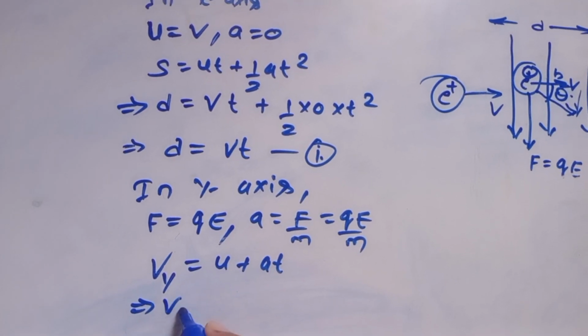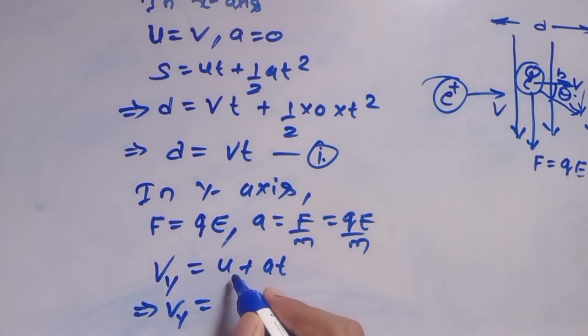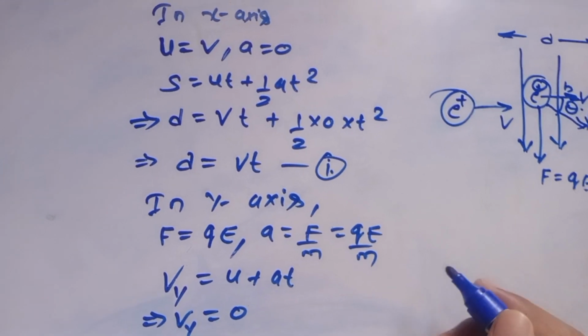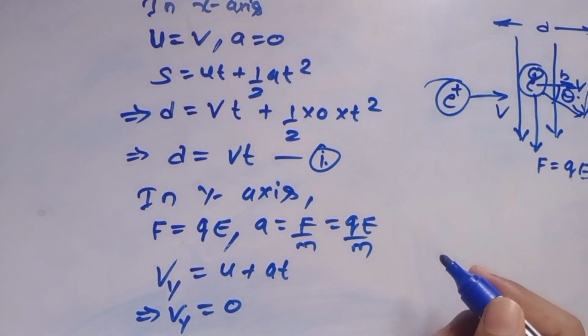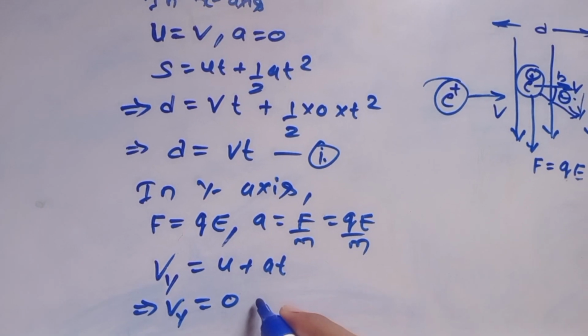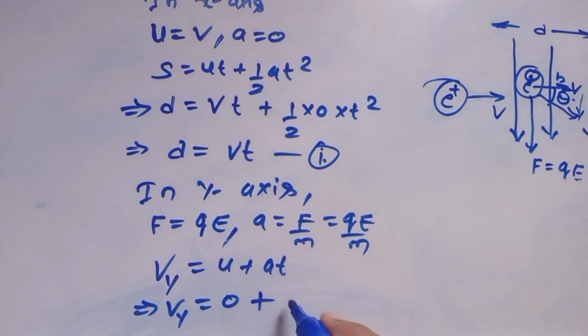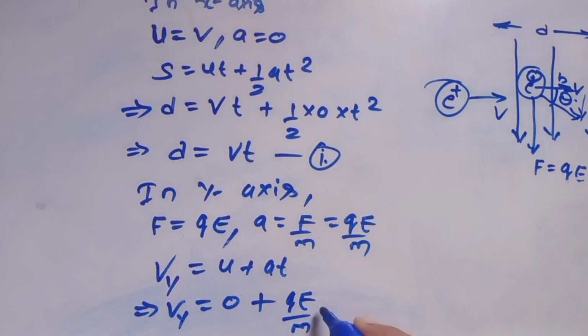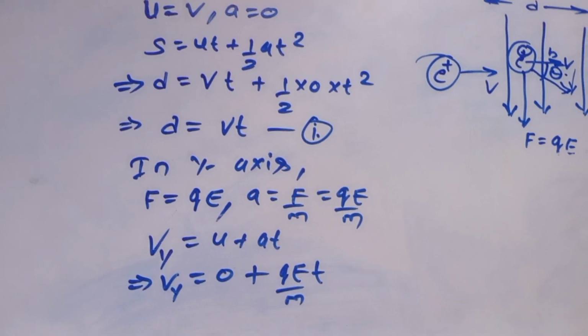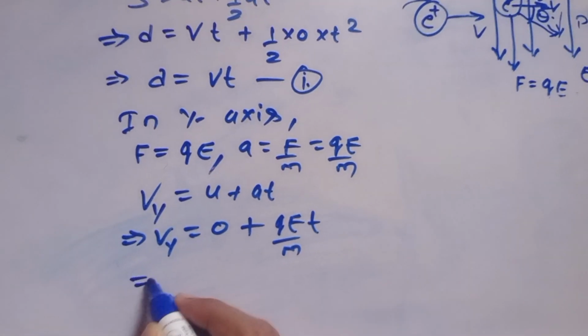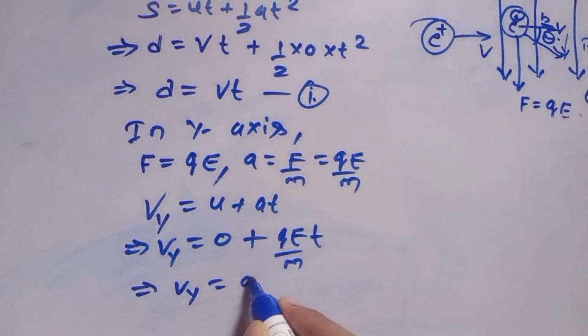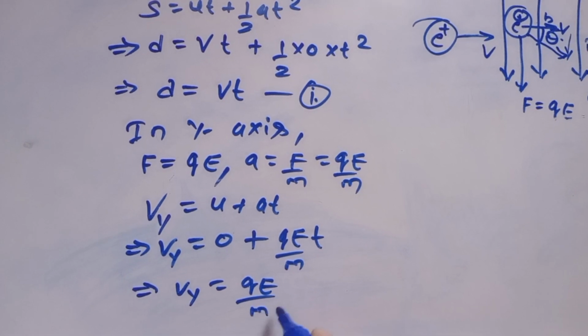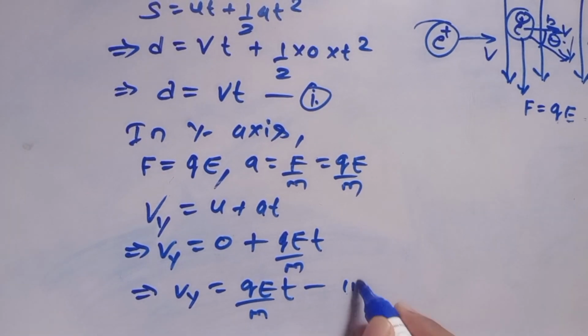Velocity in y equal to u, which is 0, as initial velocity in y is 0, plus a, which is qE by m, times t. So here we get v y equal to qE by m into t. Second equation.